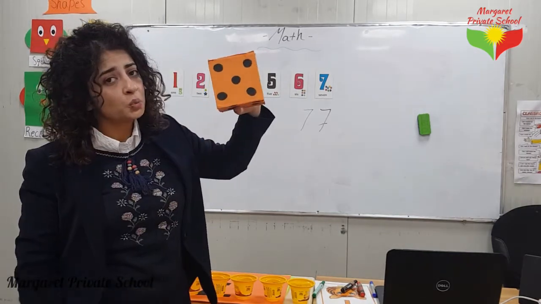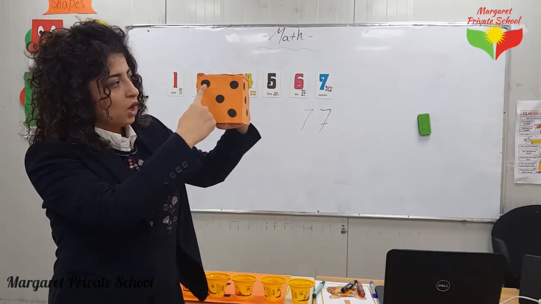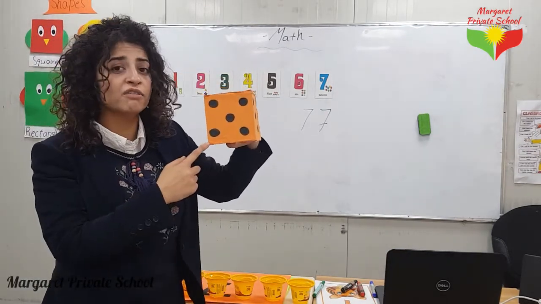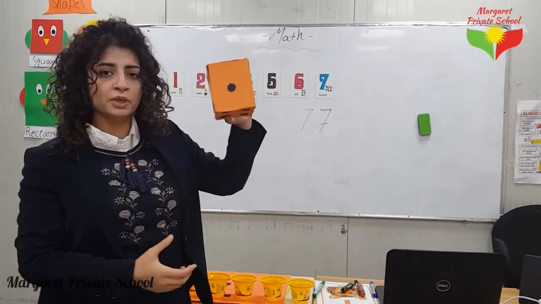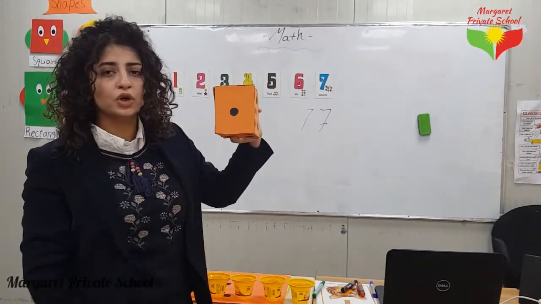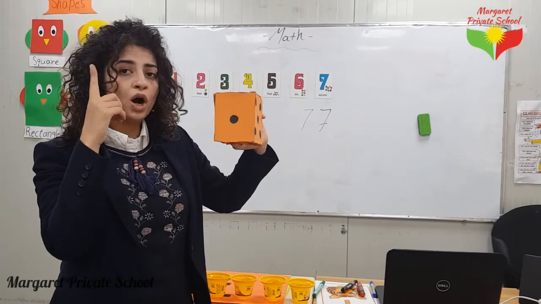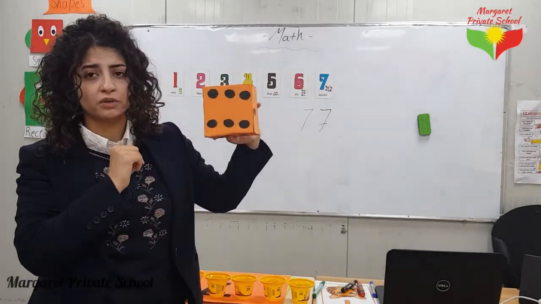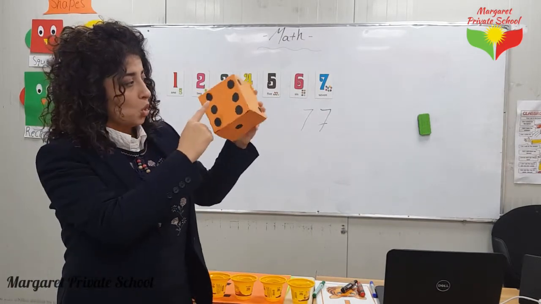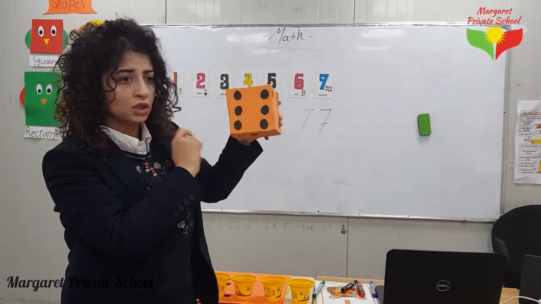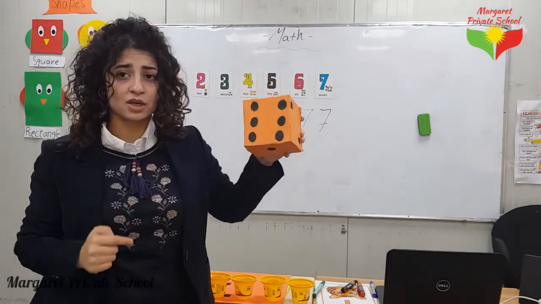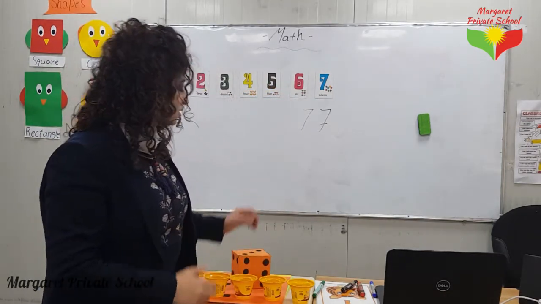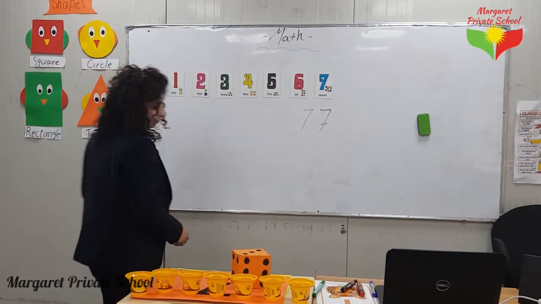From here, we have which point? 1, 2, 3, 4, 5. So we have 5 points. From here, we have which point? We have 1 point. From here, we have how many points? Let's count. 1, 2, 3, 4, 5, 6. So we have 6 points on this face of the dice.